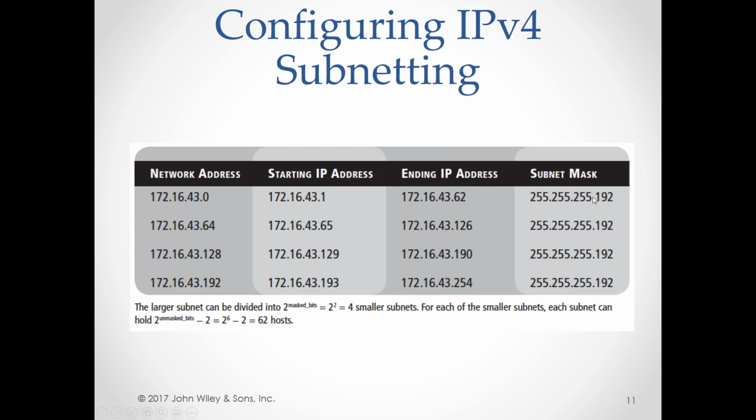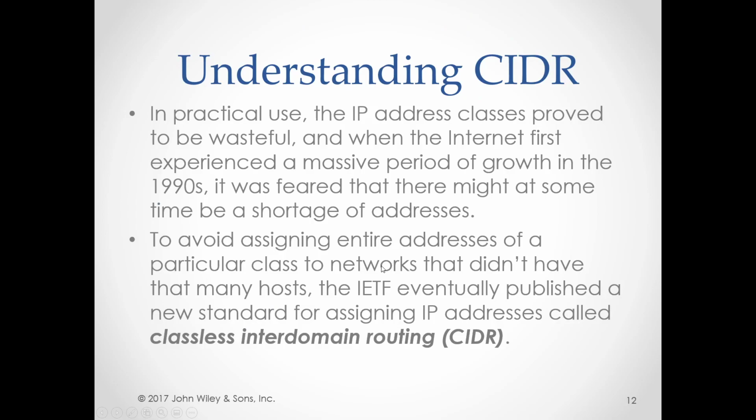If you see a subnet mask that ends with 192, you should immediately know that the network size is 64 IPs minus 2, which is for the first and last, so you have how many? 62 usable IPs. The next network range starts at 64, ends at 127. Usable 65 to 126, and then so on.